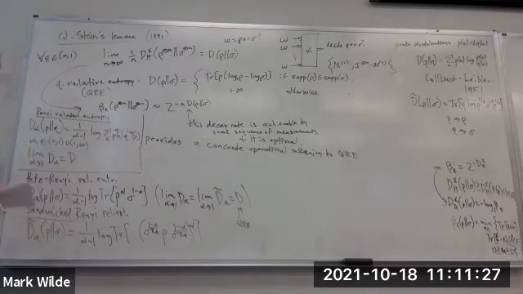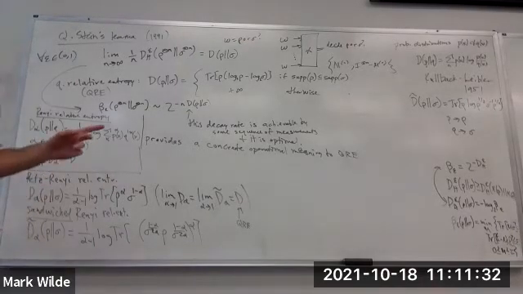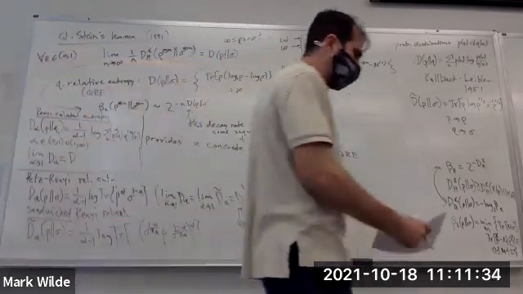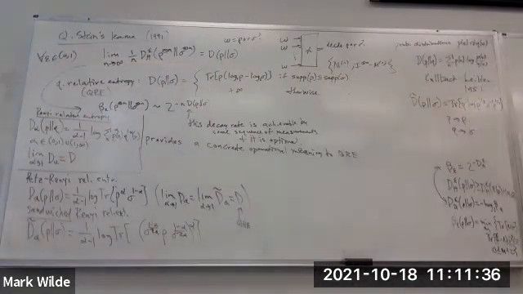All right. And this is a proposed distinguishability measure. So what's the first question that we ask about a proposed distinguishability measure? Does it obey data processing?